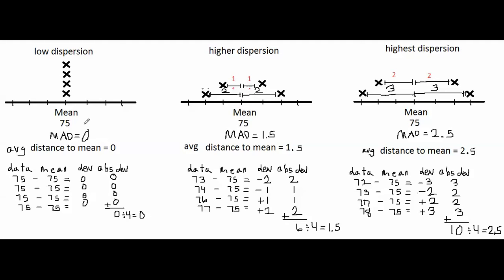And the standard deviation is a value that actually comes out close to the MAD. It doesn't come out exactly the same as the MAD, but it usually comes out to a value that's close to the MAD. And I'll show you how it's calculated.